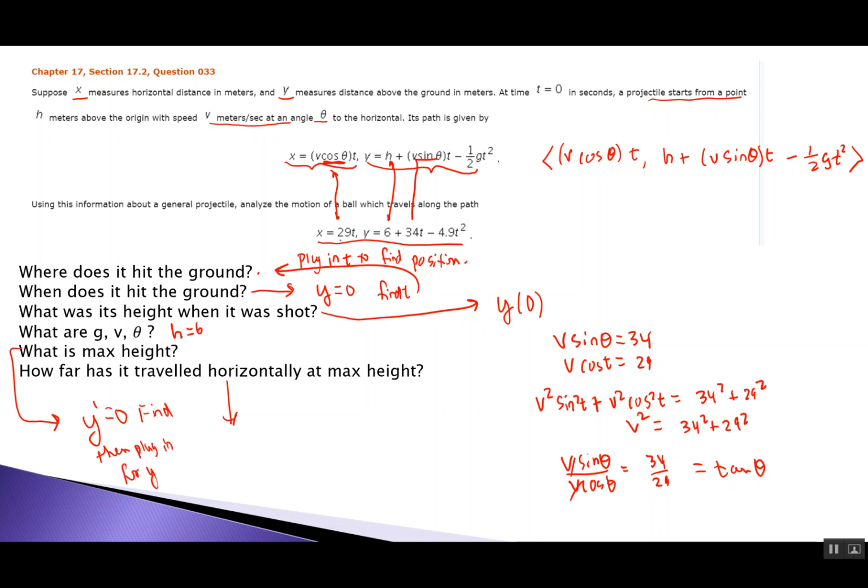How far has it traveled horizontally at its maximum height? I would set y prime equals 0, find t, and then I would plug into x to find how far it's traveled horizontally at its maximum height.